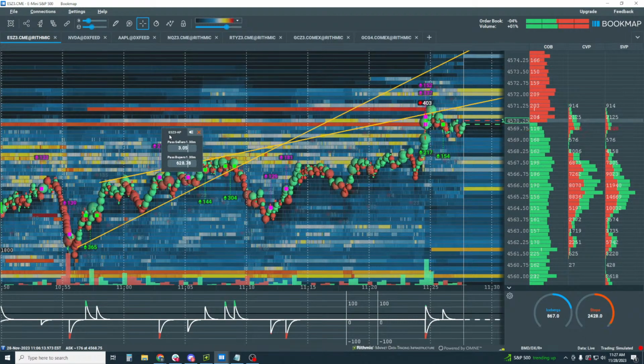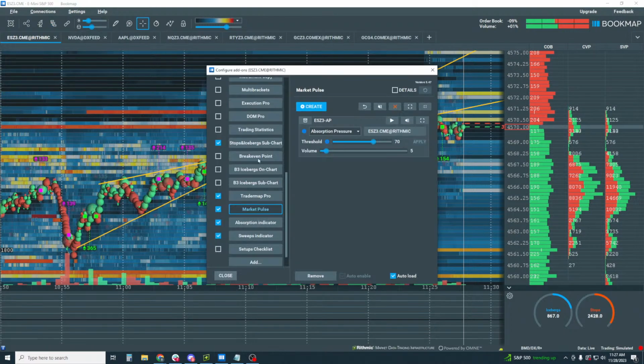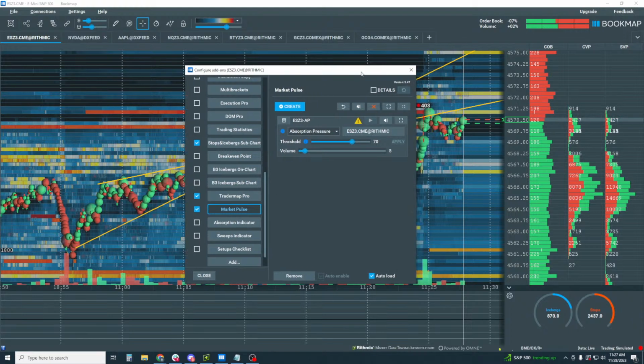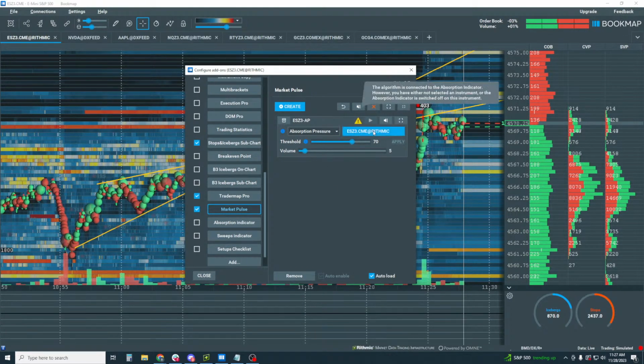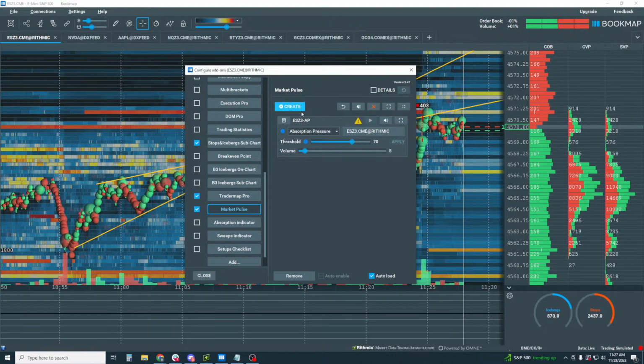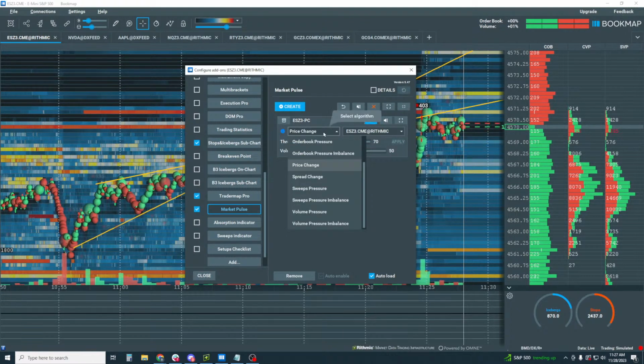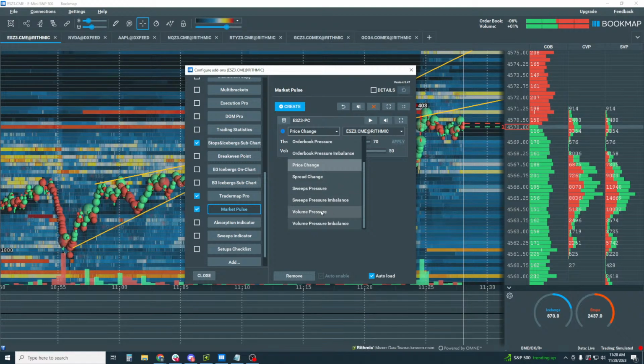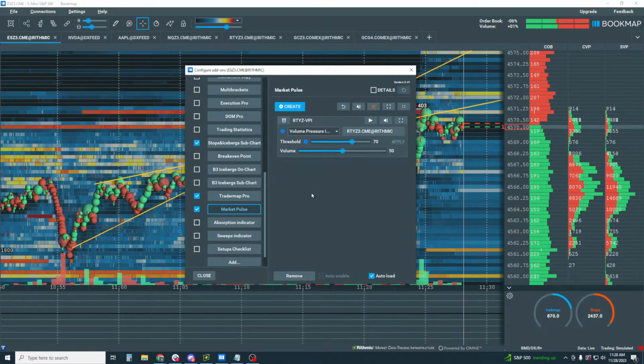And one more thing on Market Pulse I do want to show you guys. Let's actually take the absorption sweeps off. This is important because I think you'll find it really helpful. We'll create a new one here and look at, let's just say, volume pressure imbalance.